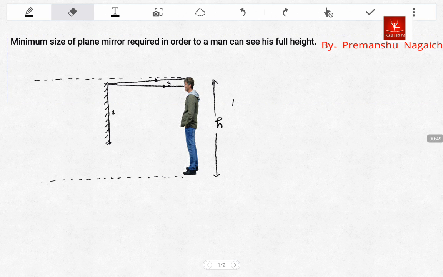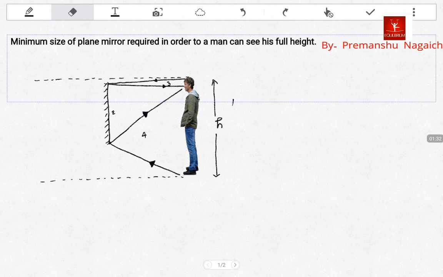From there, his head, this line comes and is incident on this mirror and reflects back to his eyes, and in the same way he will see his feet when a light ray travels from his feet to the mirror and then reflects back to his eyes. This is the representation of the light ray which is coming from his feet and incident on the mirror, and this is the representation of the light ray which is coming from his head and reflecting back to his eyes.